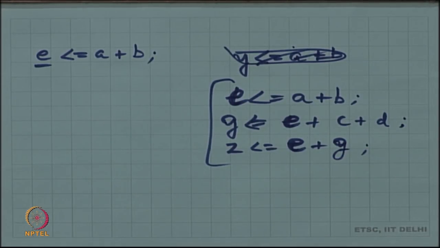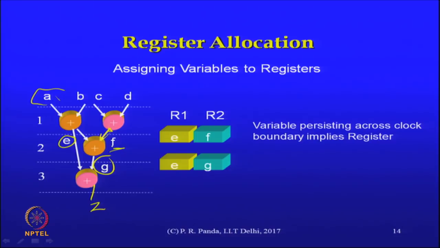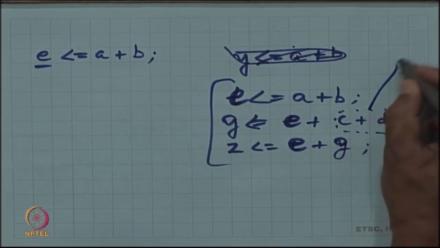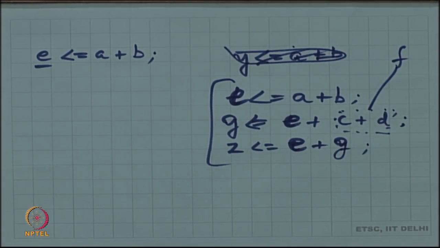Fine. So, I have the E and the G being explicitly named here as intermediate signals, but that F, which corresponds to just the C plus D, is not explicitly named. It is something that is inferred.